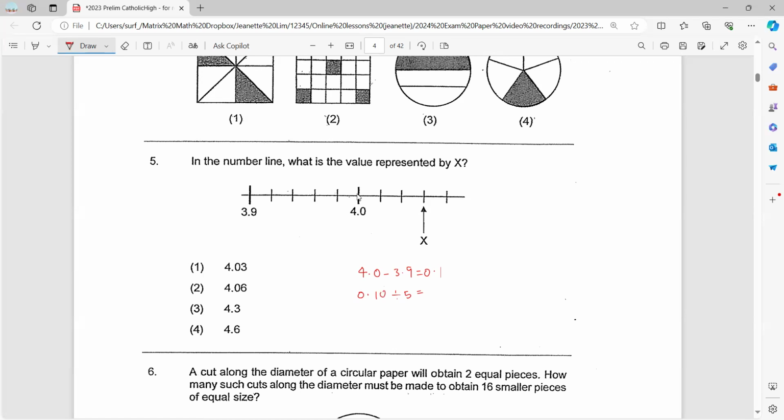And if I divide by 5, I will get 0.02. So keep adding. 1, 2, 3. 3 times of 0.02 is 0.06. So this has to be 4.06. Option 2.